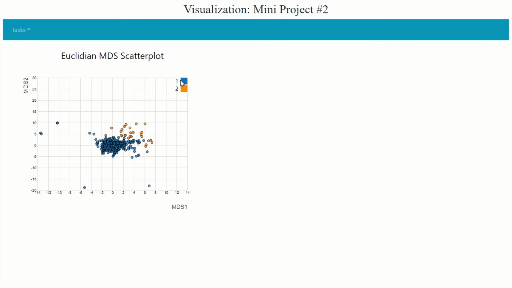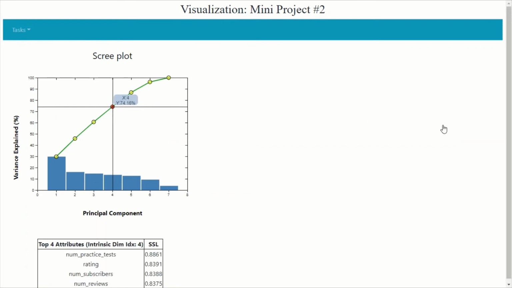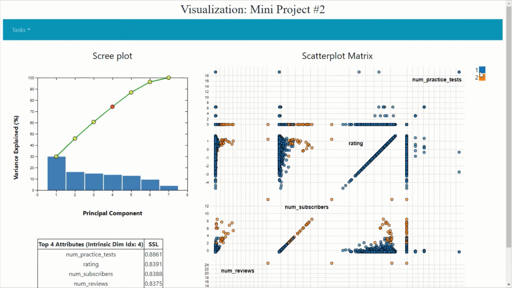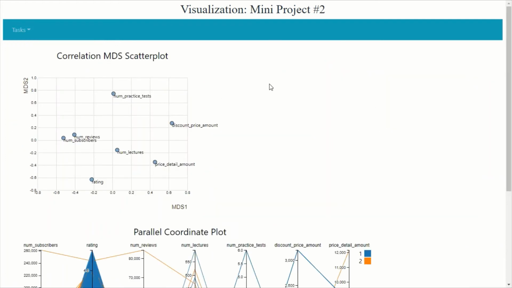These are the legends for the clusters. In the scatter plot matrix also I had colored them based on the legends and clusters. Moving ahead, this plot shows the MDS scatter plot by using the distance as 1 minus correlation.